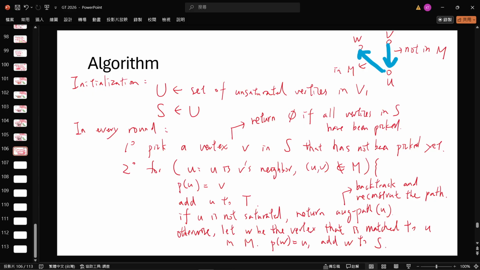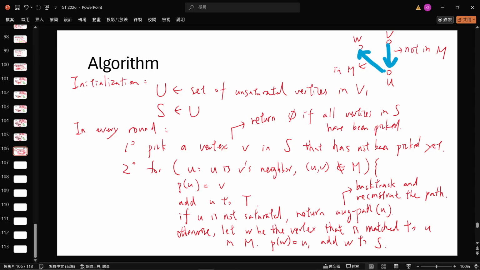A small remark for the first step: when we pick a vertex, we don't want to pick a vertex twice. If you observe that all the vertices have been picked before, there's no way you can further extend the path. In that case, you just return no augmenting path, or empty set or null, anything to represent that there's no augmenting path.